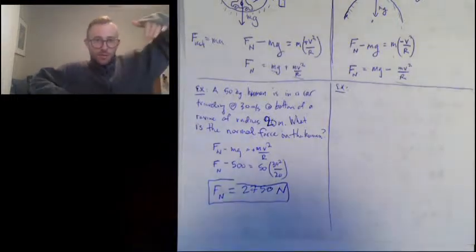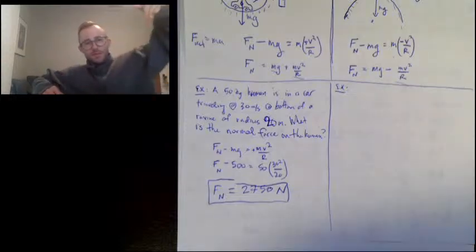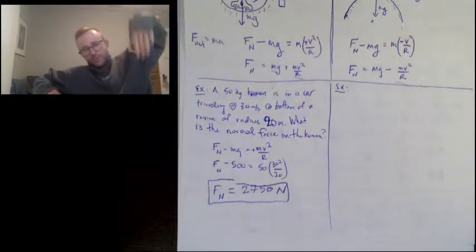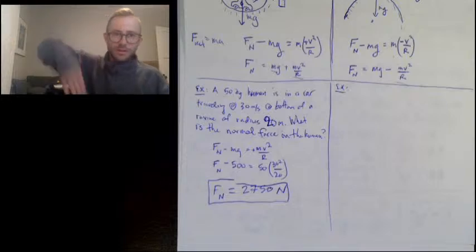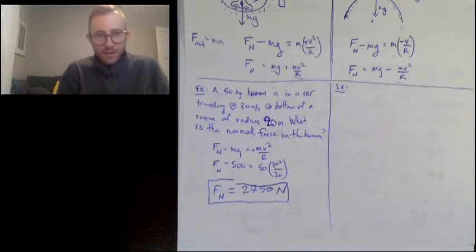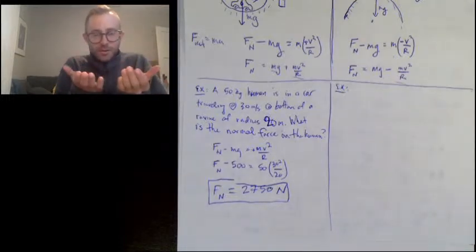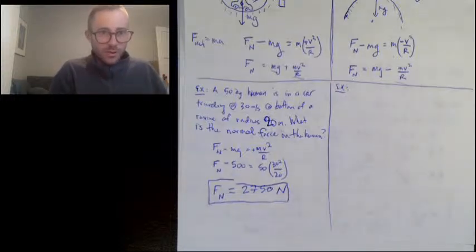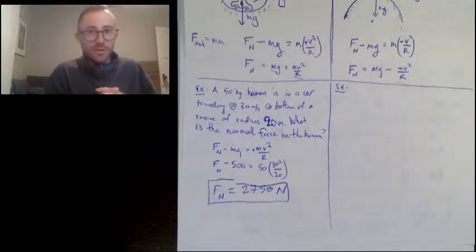This is why if you are in a roller coaster, for example, and you swing down into a dip, you feel pushed by your seat. That squished feeling is the normal force increasing as a result of the motion you're undergoing.